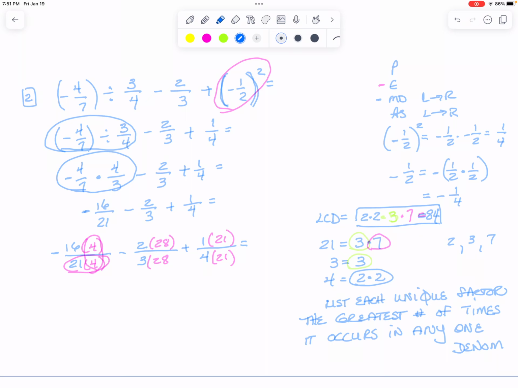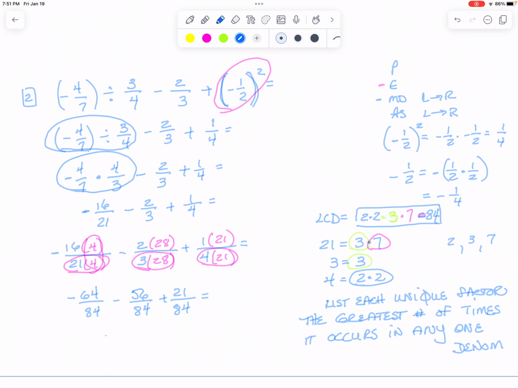Okay, so now if you look at these denominators, you'll see that if you multiply these things together, in each case you have a denominator of 84. So this looks like negative 64 over 84. This looks like negative 56 over 84. And this looks like positive 21 over 84.